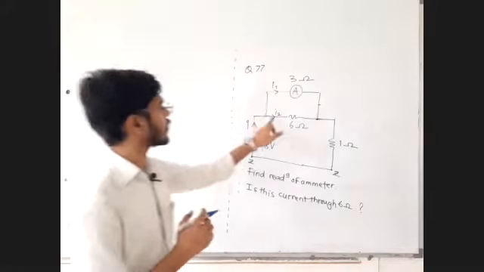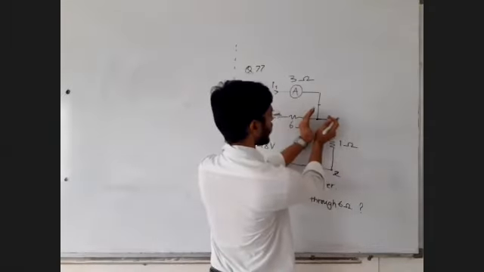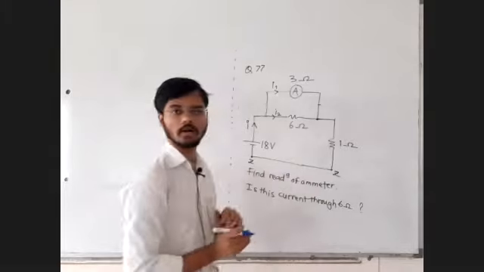If you want to measure current in the 6 ohm, then you have to cut this branch and put the ammeter here in series with the 6 ohm.